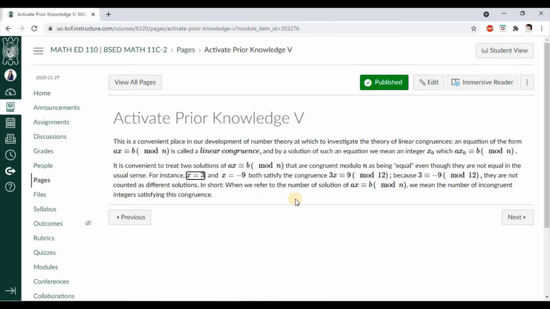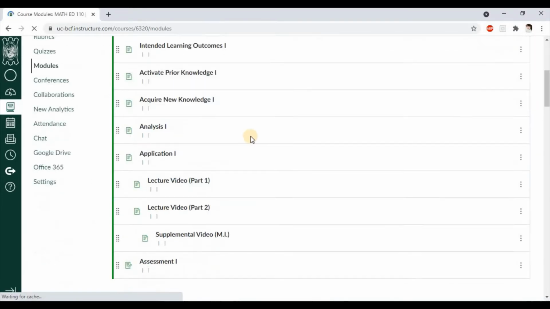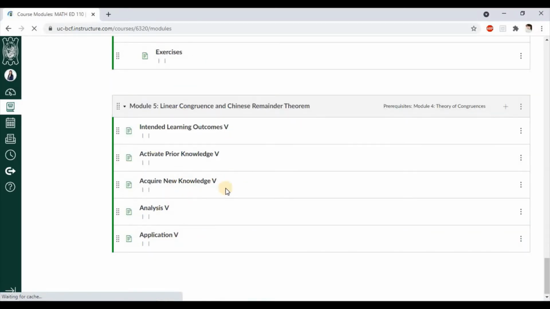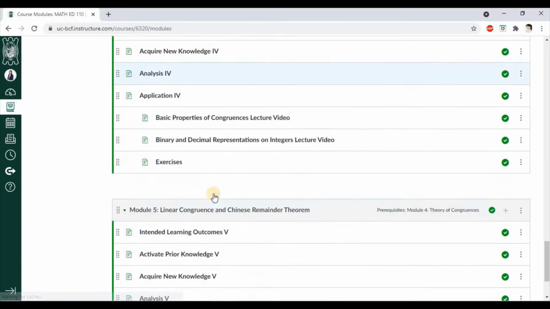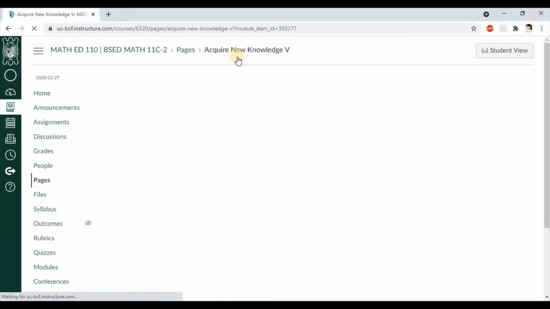So, when we refer to the number of solutions of ax congruent to b mod n, we mean the number of incongruent integers that satisfy this congruence. We'll try to simplify things like we always do naman through examples.